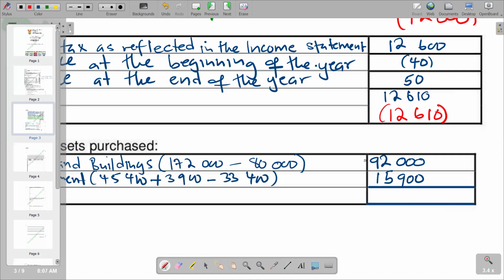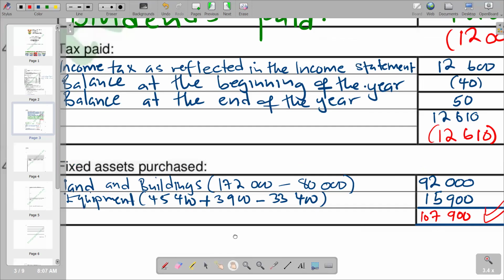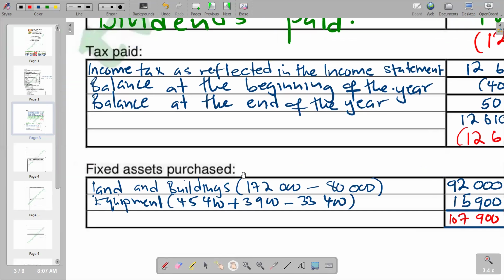If you say 92,000 plus 15,900, you get 107,900. So this becomes the total for fixed assets purchased. So basically, this becomes the last part of our notes to the statement of cash flow.